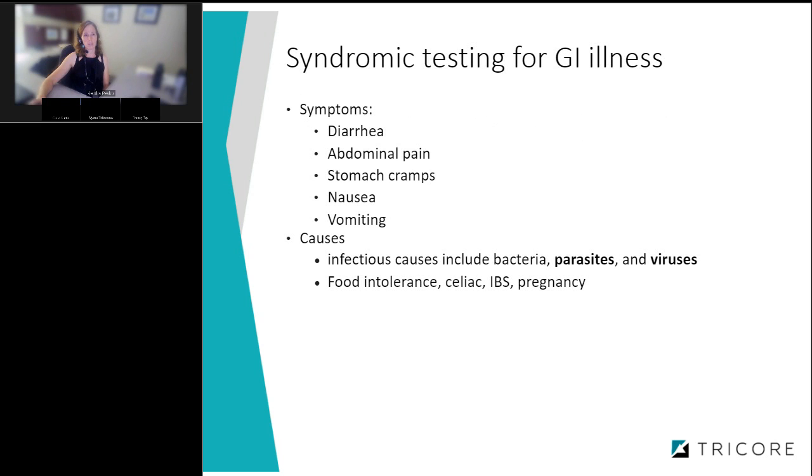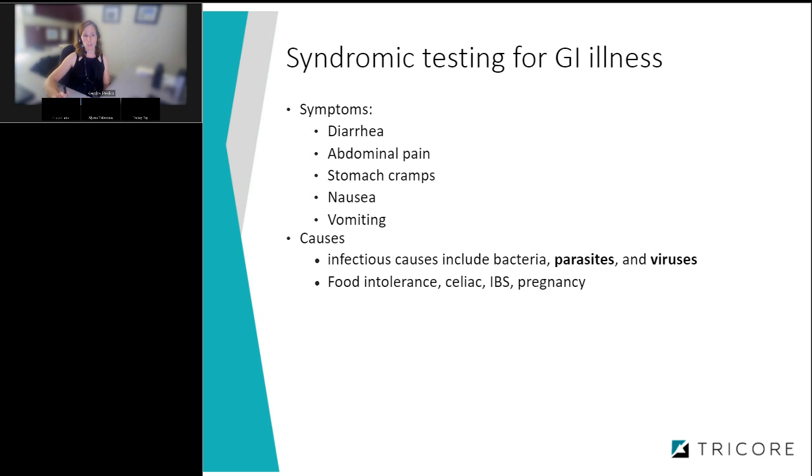So what is syndromic testing for GI illness? Well, the symptoms of GI illness are fairly common. They've probably been experienced by everyone that's listening to this talk. They include diarrhea, most importantly, abdominal pain, stomach cramps, nausea, vomiting, and really the risk from GI illness is dehydration.